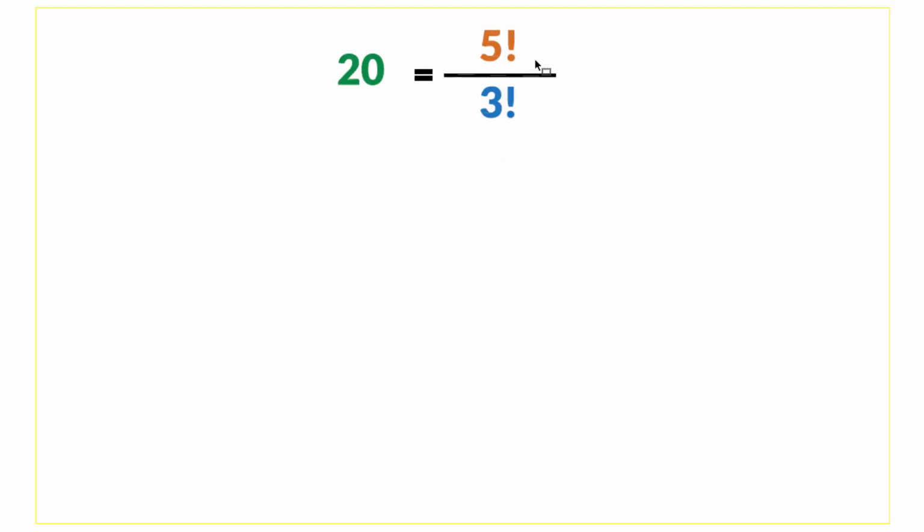Now we write them in different colors here, and we write permutation of 5 objects, semicolon, 3 of them are identical, equal to the number of object factorial divided by the 3 identical object factorial.